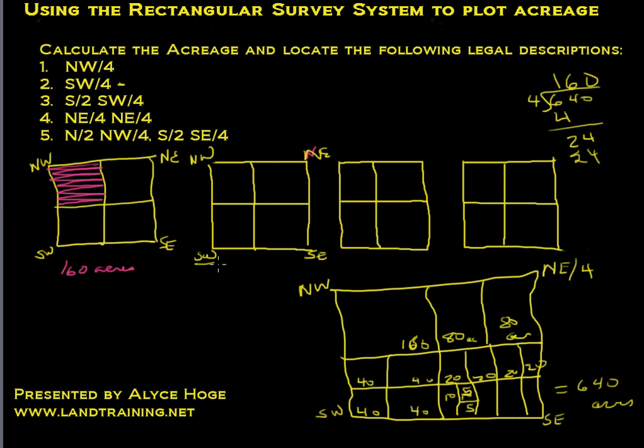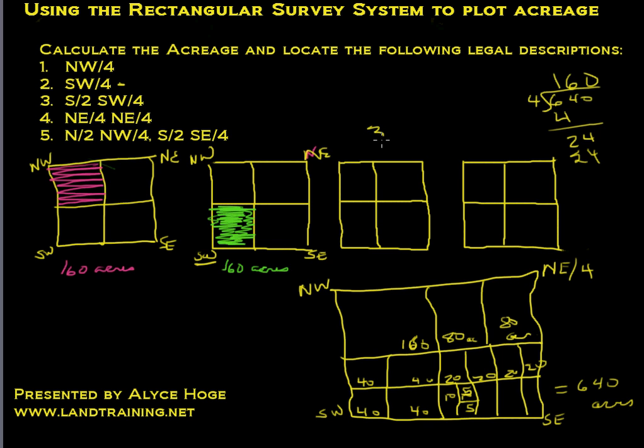We're going to find the southwest quadrant, and we're going to color that in. How many acres is that? It's just like over here. We've just divided the 640 into 4s. That's going to be 160 acres. Okay? Now let's look at number 3 over here.